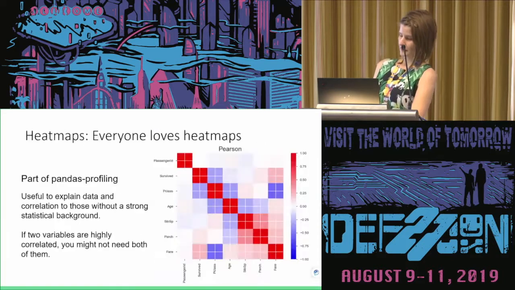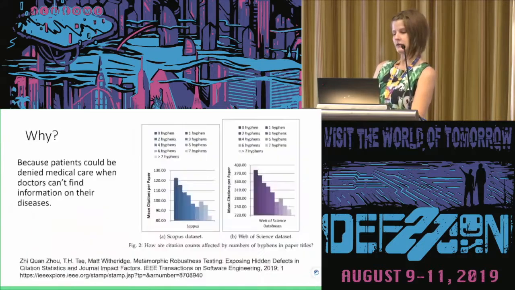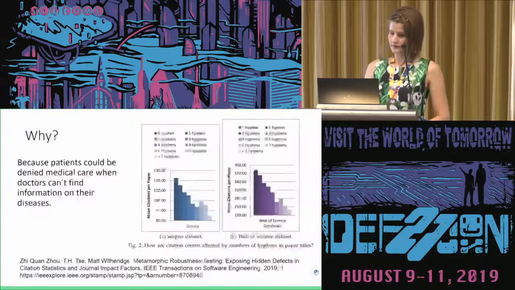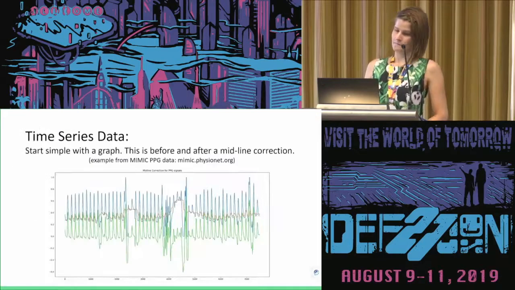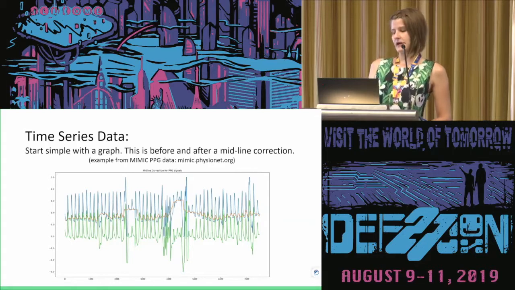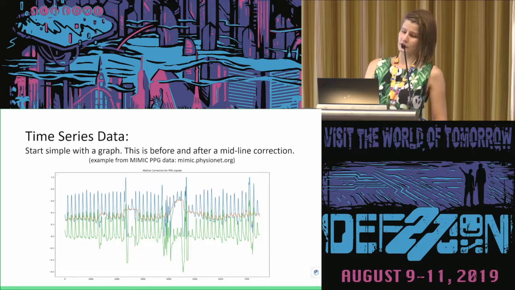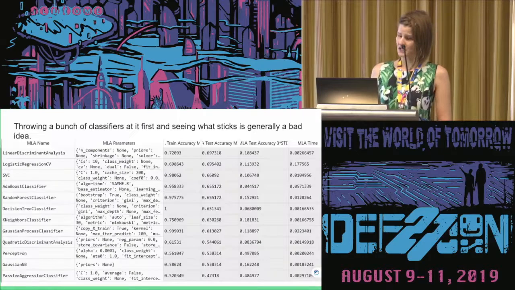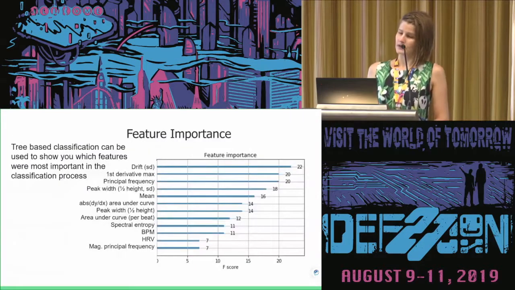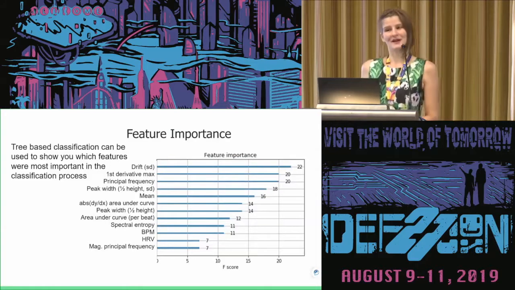I should have put these two slides next to each other. So here, when I did that midline correction, so that orange line, I took that out and then you get the green one. So that orange line, the standard deviation of that line was the most important feature that I found for my project.